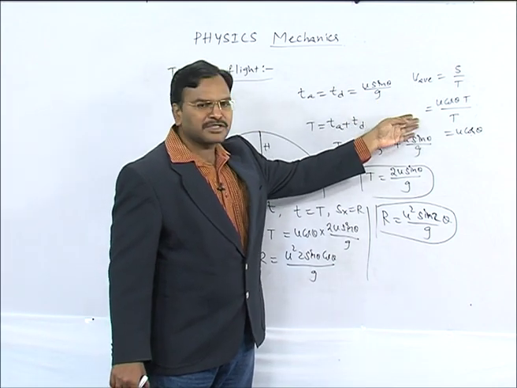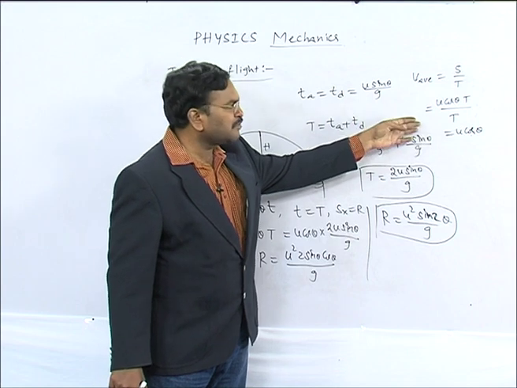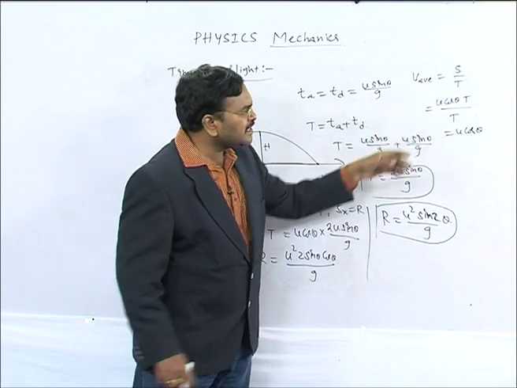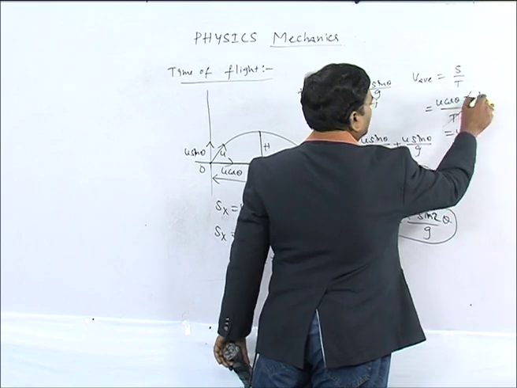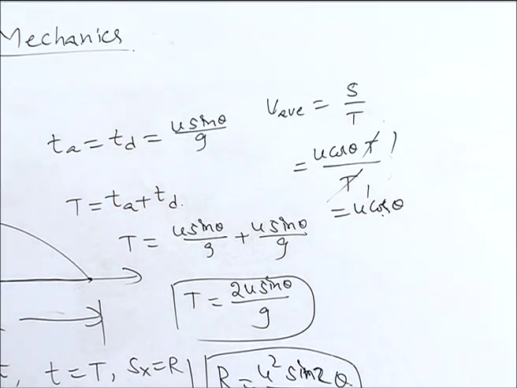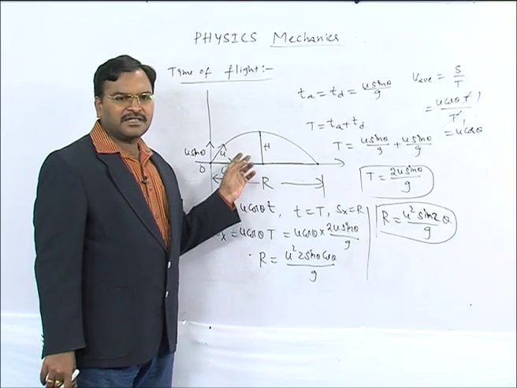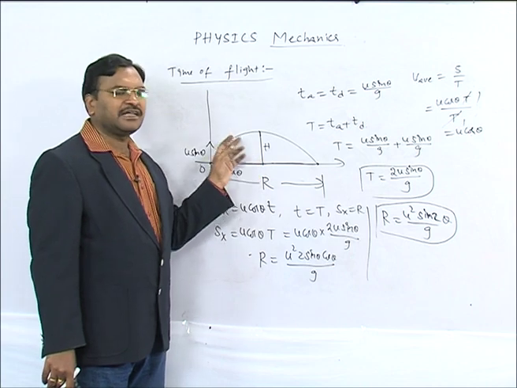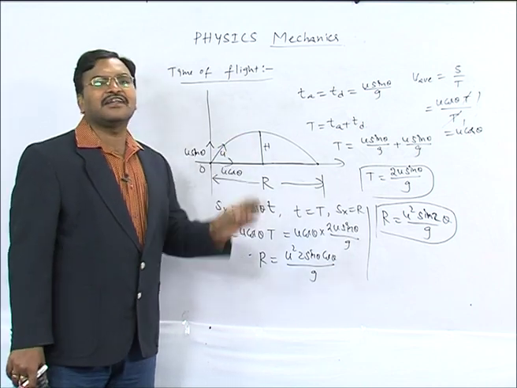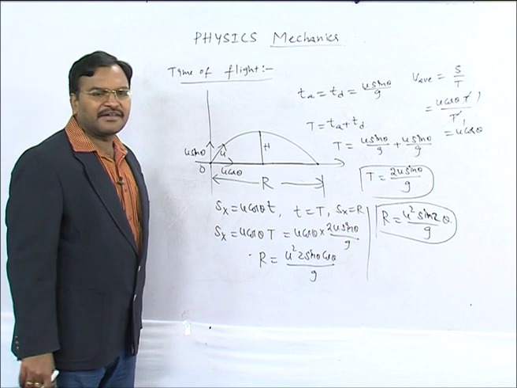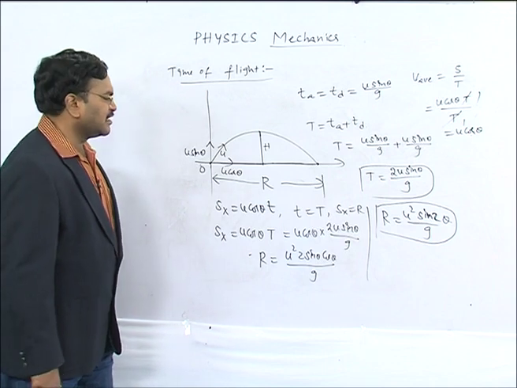Total displacement is U cos theta into t, and time is the time of flight, so t gets cancelled. We get the average velocity of a projectile as U cos theta.